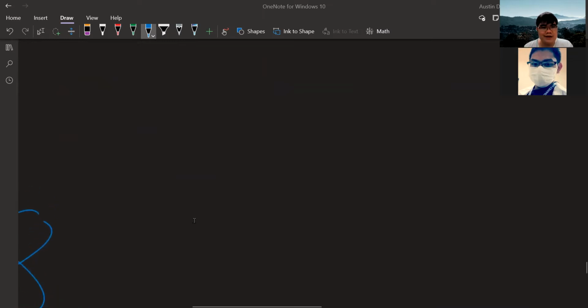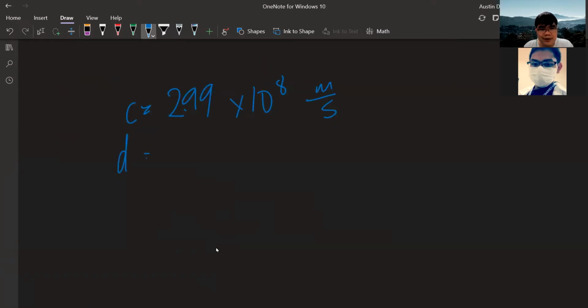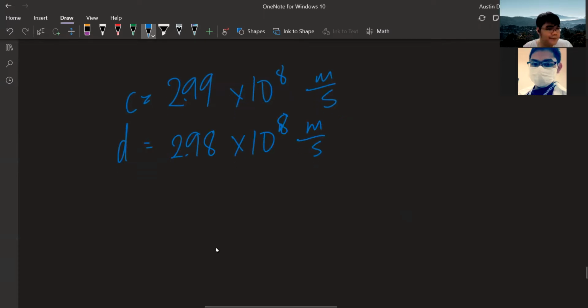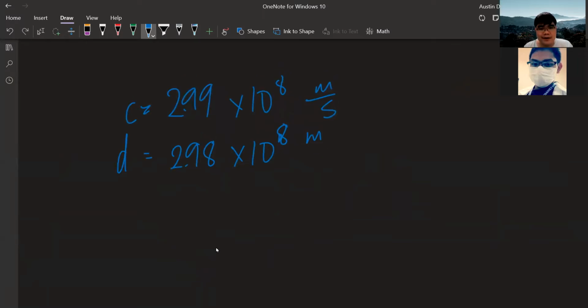So, ano ba speed of light? 2.99 times 10 to the 8 meters per second. Tama, di ba? Therefore, kunwari ang distance between two events is somewhat 2.98 times 10 to the 8 meters.